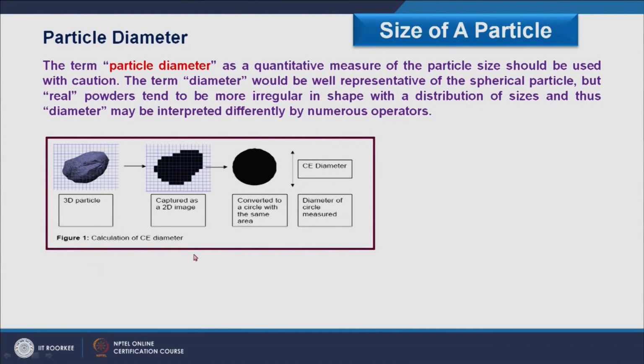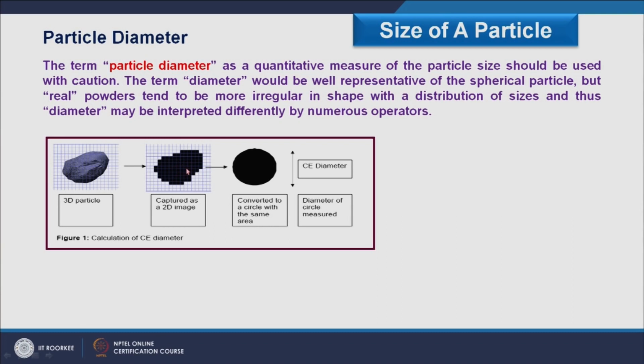Now here I am defining one parameter which we call the CE diameter, that is the circle equivalent diameter. To define this diameter, here I have a 3D particle which we have shown as a 2D image. If I consider this particular image of the particle, how can I calculate the surface area?